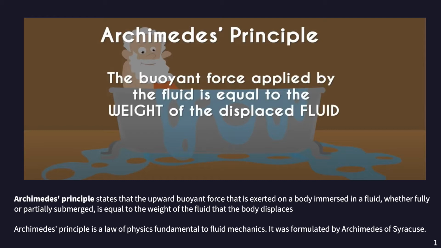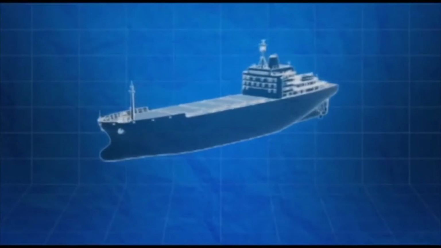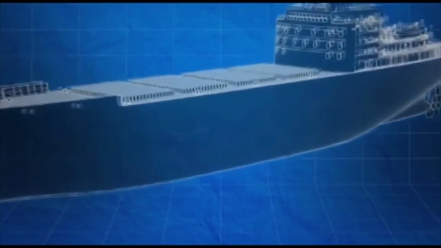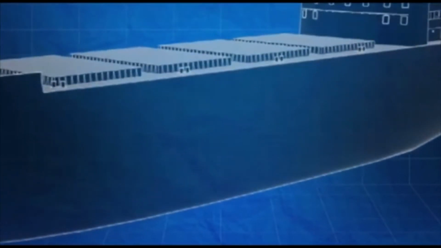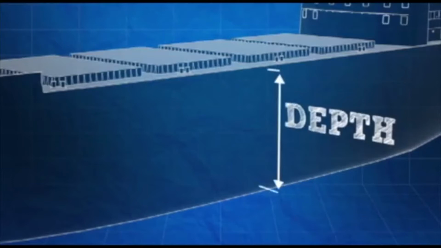Let's continue with some standard terms for a ship's hull. The following are the standard terms used to describe the hull of a ship, even before it is put into the water. These first few terms are fairly basic. Depth is the height of a hull from the highest point of its main deck to its lowest point.